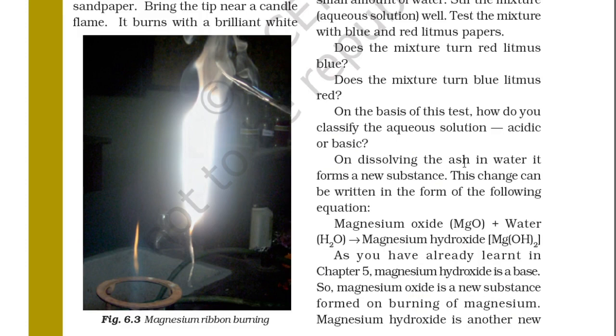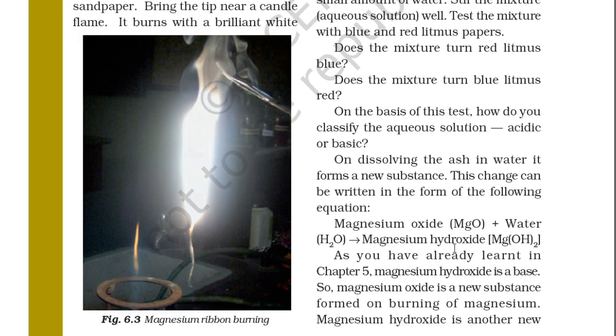On dissolving the ash in water, it forms a new substance. So when the ash is mixed in water, it will form a new substance. This change can be written in the form of the following equation. Magnesium oxide, MgO, plus water, H2O, will become magnesium hydroxide, Mg(OH)2.